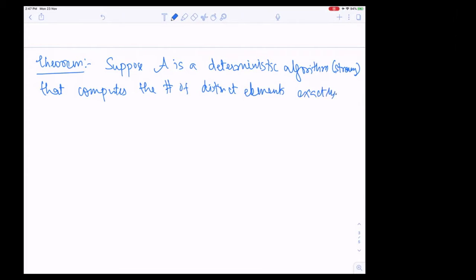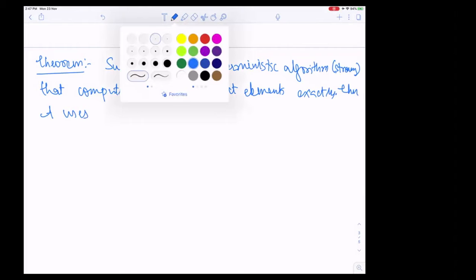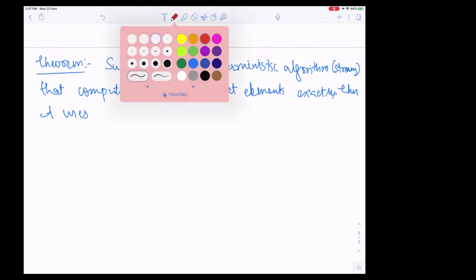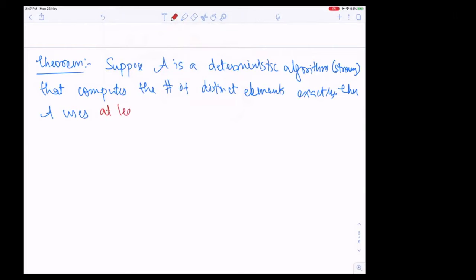Then A uses, let's say, at least n bits of memory.